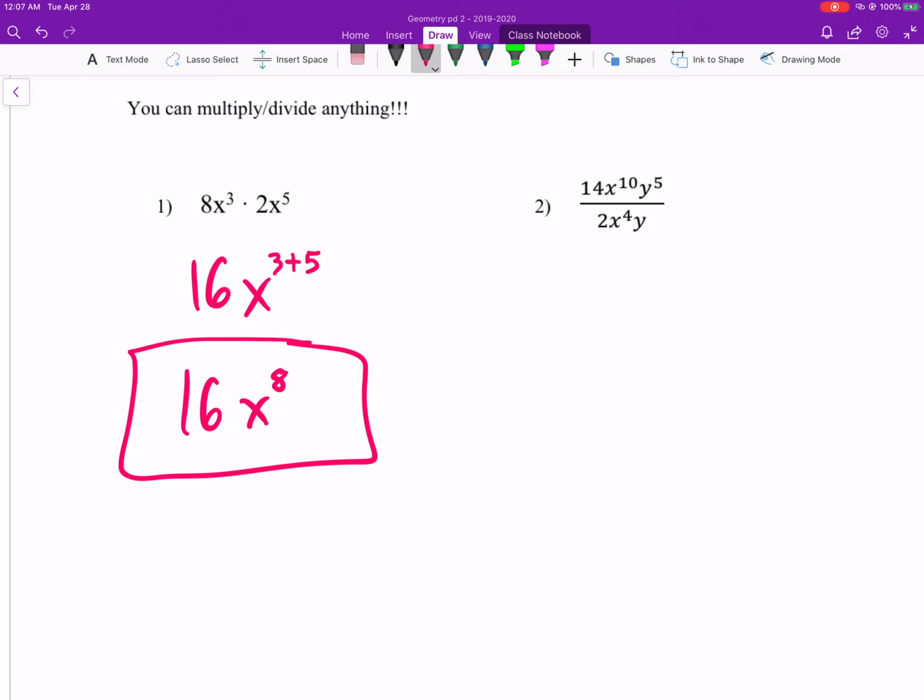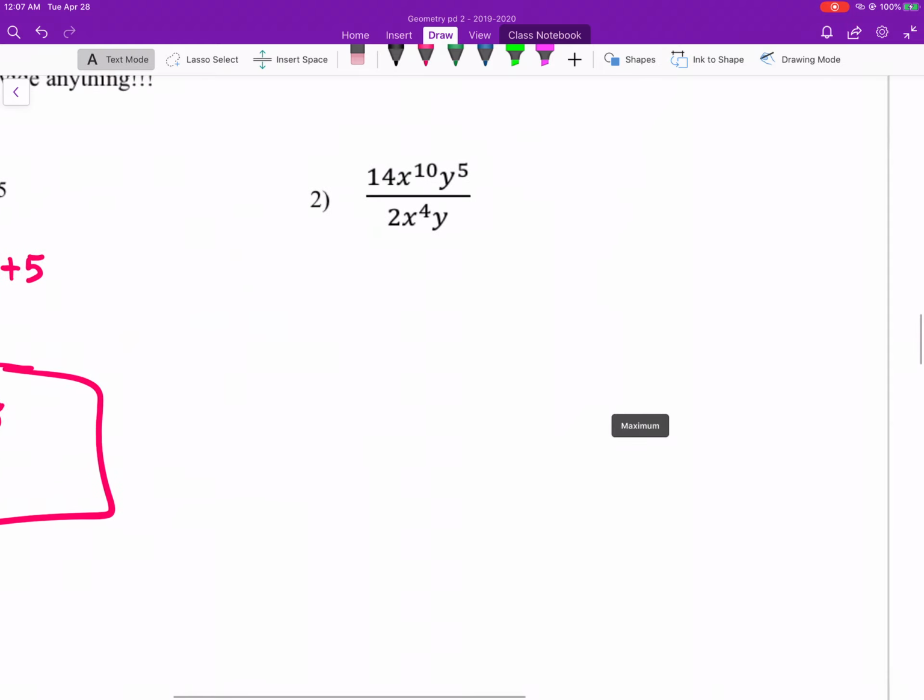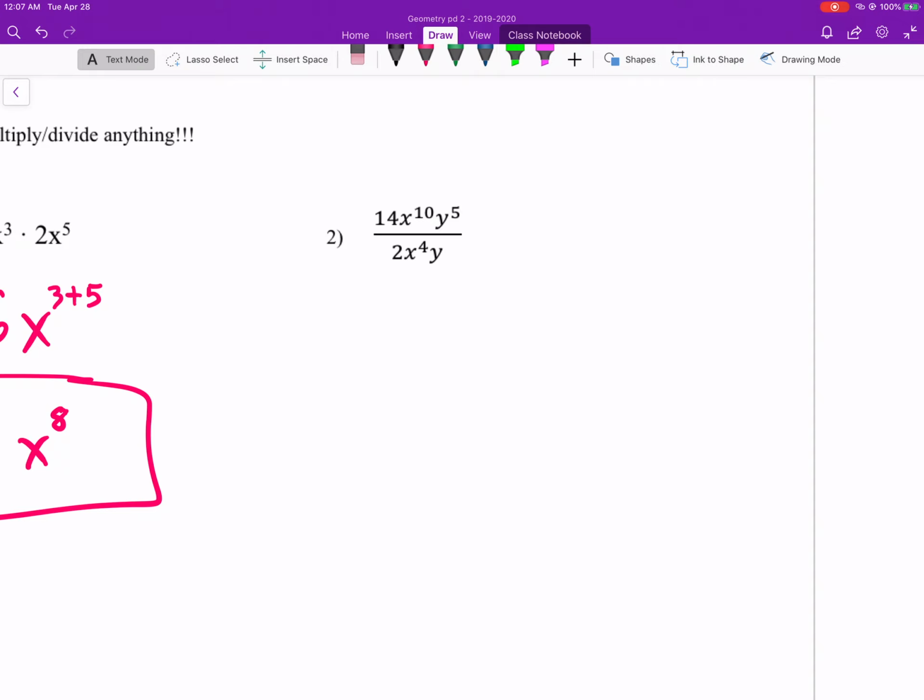Same thing when we're talking about division, for at least the coefficients. So this is 14, and number 2 here. 14 divided by 2 is 7. However, the operation is not addition for those exponents. The operation is subtraction.